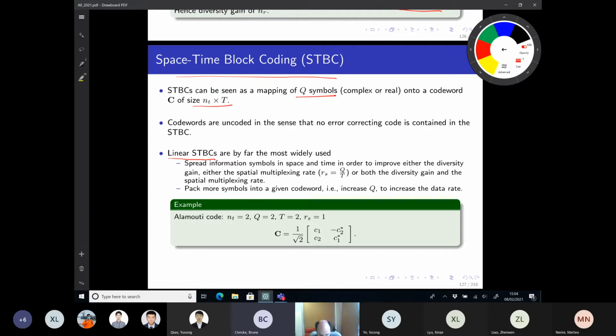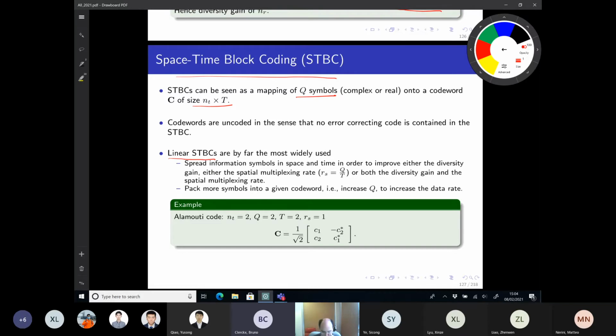Now, the linear one is the most used, and it spreads the symbols in space and time using some form of linear relationship. Essentially, the energy of one symbol will be multiplied by a matrix. So you can view a linear space-time block code simply as using a linear relationship to map the energy of a symbol to space and time.